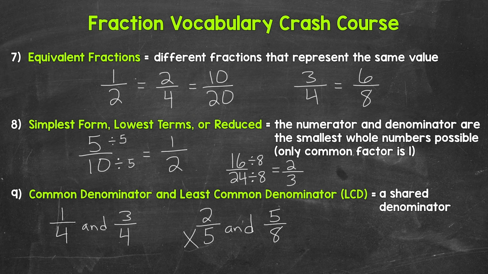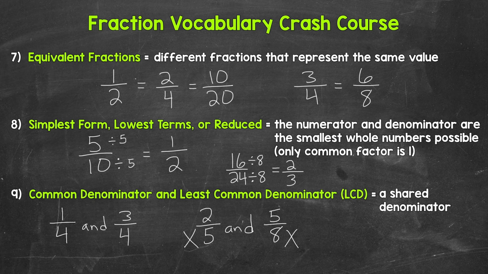No, clearly 5 and 8 are not the same. So those two fractions do not have a common denominator as is. Now please keep in mind, when working with fractions, we may not start with a common denominator, but we can always find one. For example, when we add or subtract fractions, we need a common denominator.